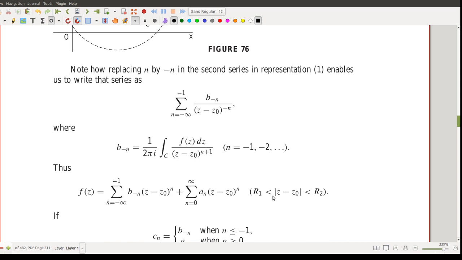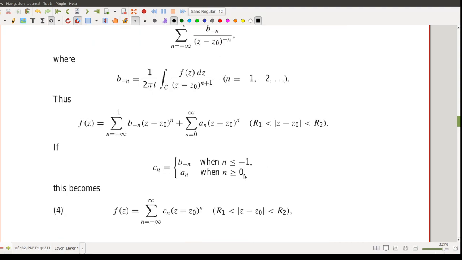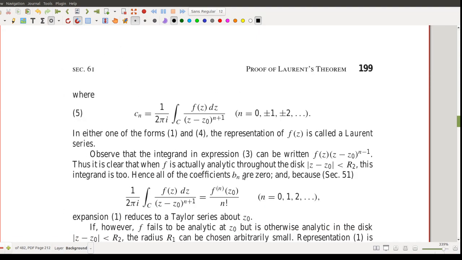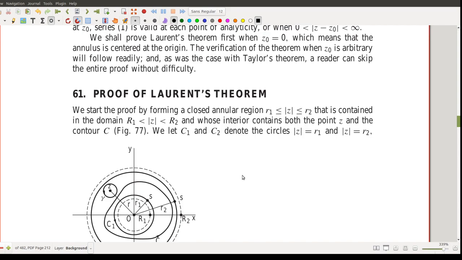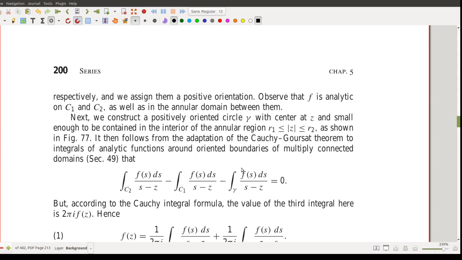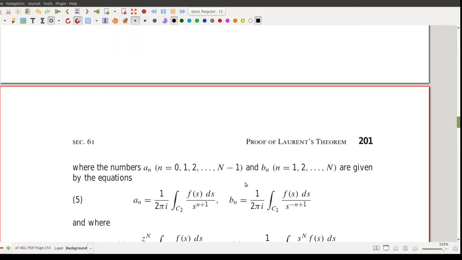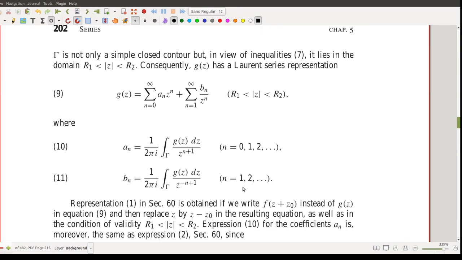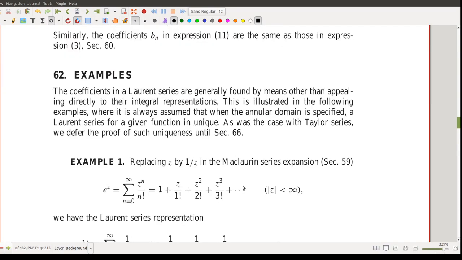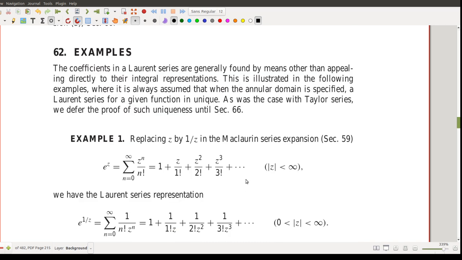In our syllabus, we will not consider the proof of this Laurent series, so we are not going to prove all these things. You just remember that series, and if we go through some examples, then we can easily understand the purpose of the Laurent series.